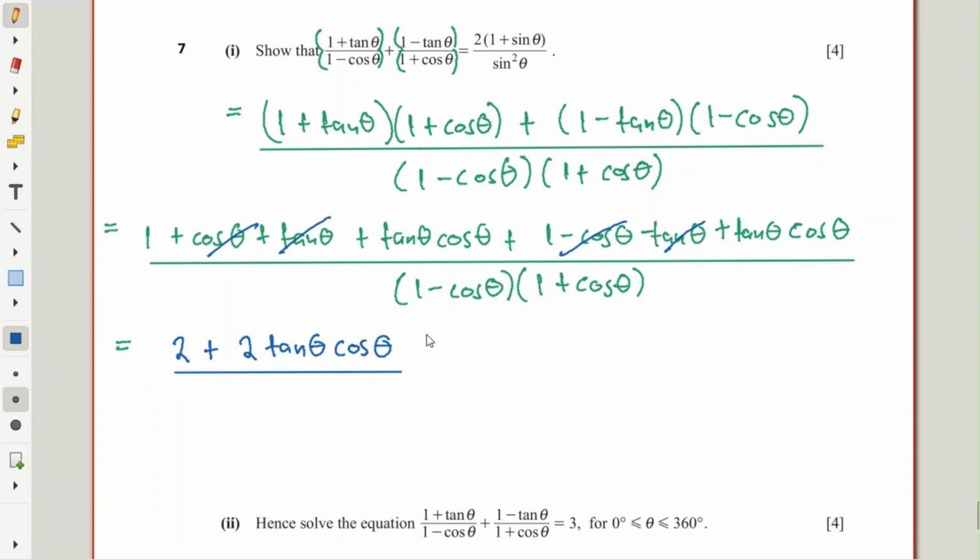Okay, so right now I can see there's no correlation between the numerator and the denominator. So I can break it down. This is the same as difference of two squares. So the square of this, the square of that, and this should give us tan is the same as sine theta over cos theta.